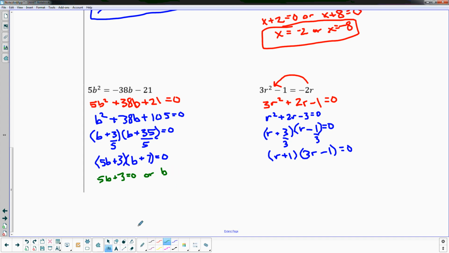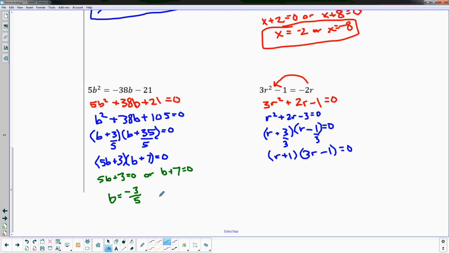You might get the occasional fraction, but the zero product property tells us that these two things multiplying to give me 0 means one of them has to equal 0 or the other one does. So on this, I'm going to subtract 3 from both sides and then divide by 5. It's going to give me b equals -3 over 5.